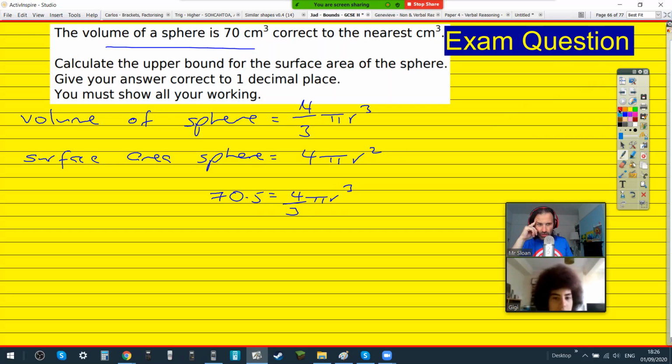If you wanted to get just radius cubed on one side by itself, what would you have to do to both sides? Divide them both by pi. So that would get rid of the pi anyway.